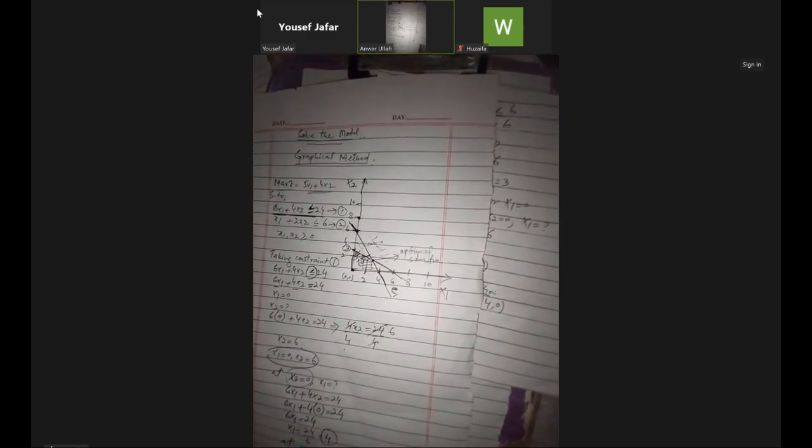So if we had a graph paper, we could easily trace out this problem. But according to my approximation, this point is somewhere around 3, 2.